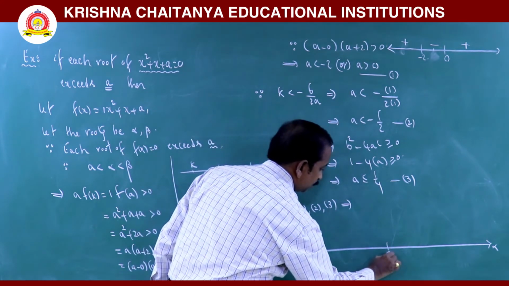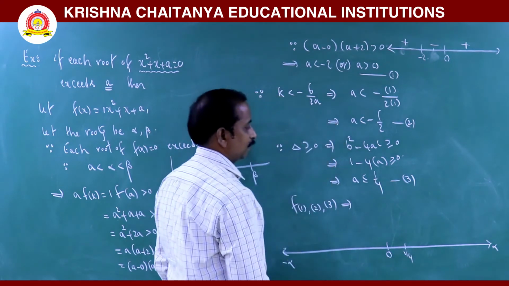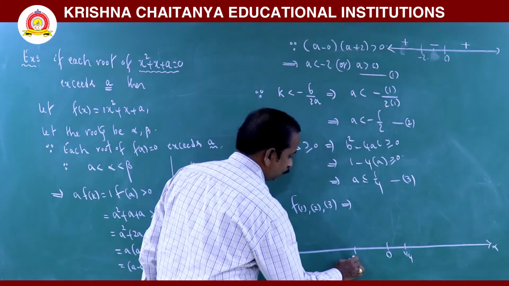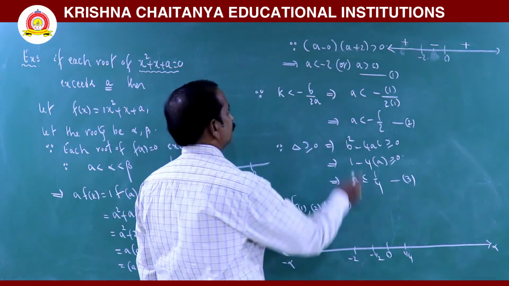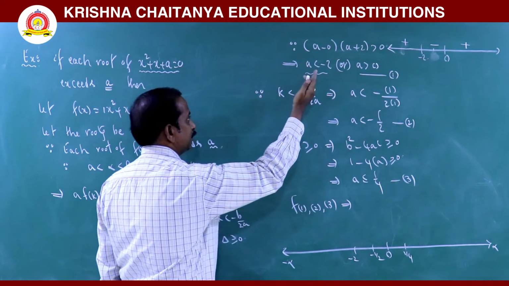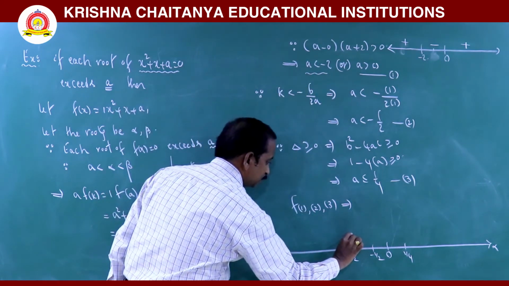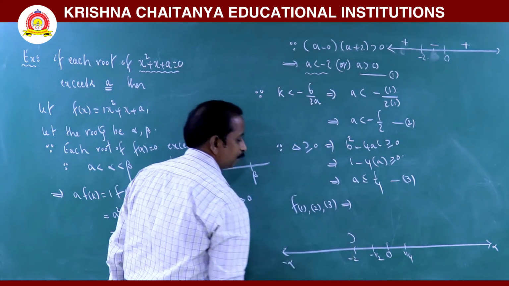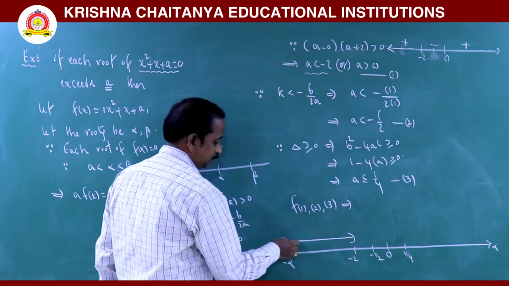This is 0, this is 1 by 4. Next, the other values, minus 2 and minus 1 by 2. Let us check a less than minus 2, which means values lesser than minus 2. Minus 2 is not considered, so I can show that as an open interval, from minus 2 to minus infinity.